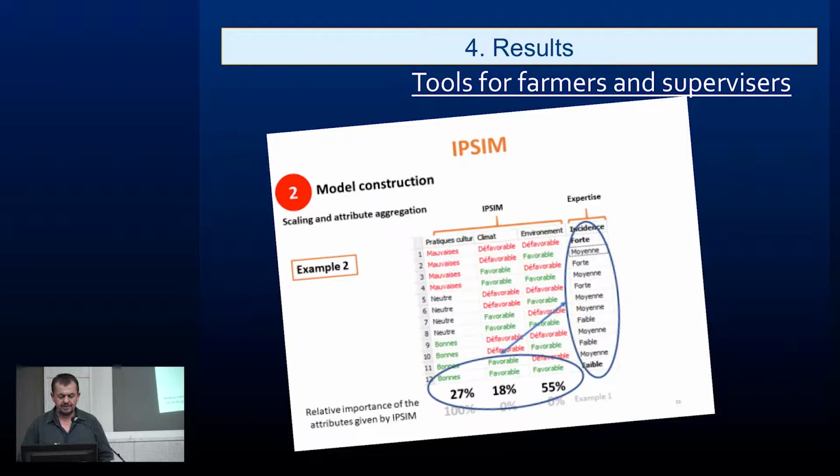We have also classic tools. I don't want to spend too much time. I prefer to stress this one because it's quite a new one. It's a qualitative model, very easy to use for farmers, and it's a new concept of tool that can permit exchanges between, for example, extenders and farmers.